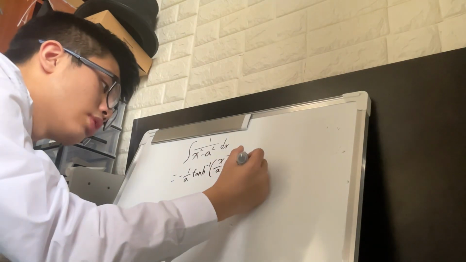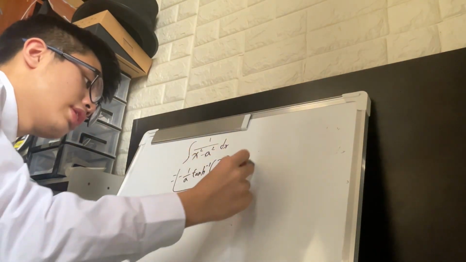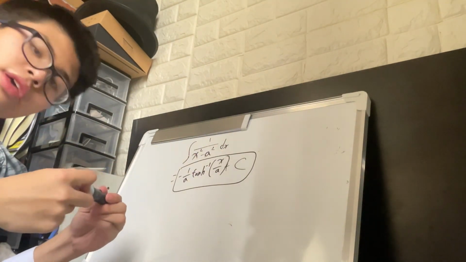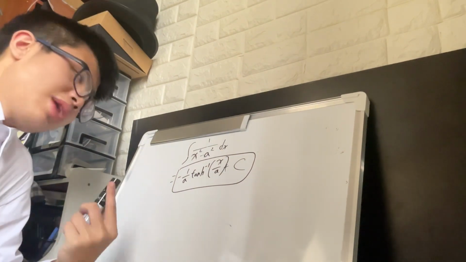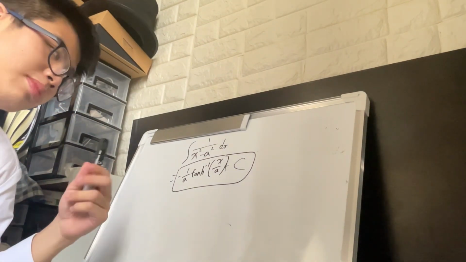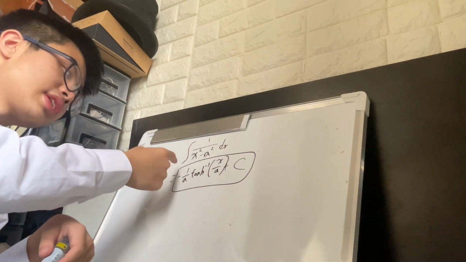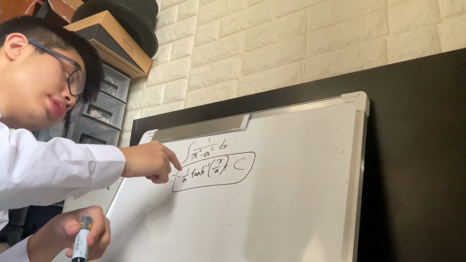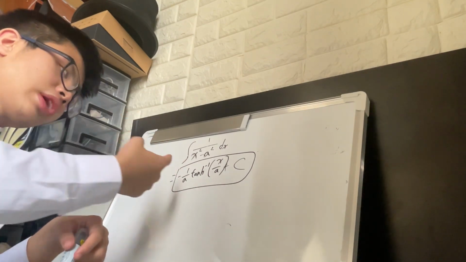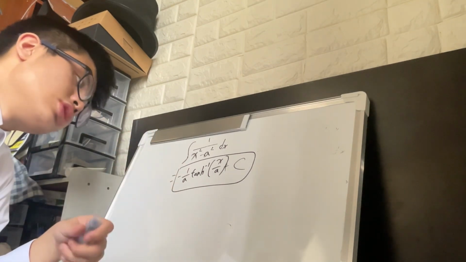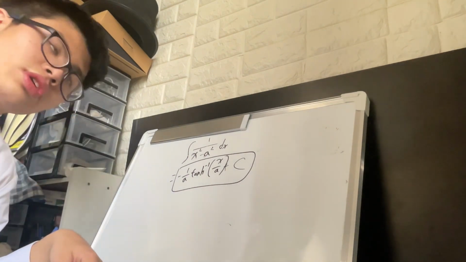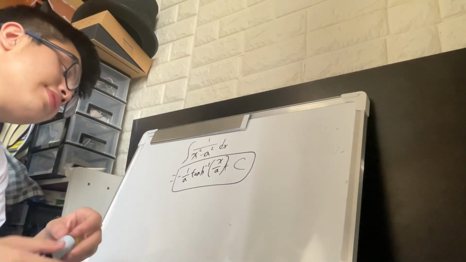If you know how to do this integral, you can tell me in the comments. So this is another formula: negative 1 over a times inverse hyperbolic tangent of x over a.